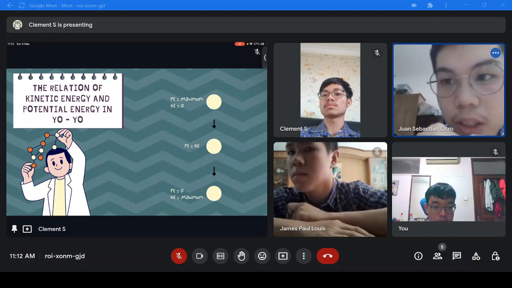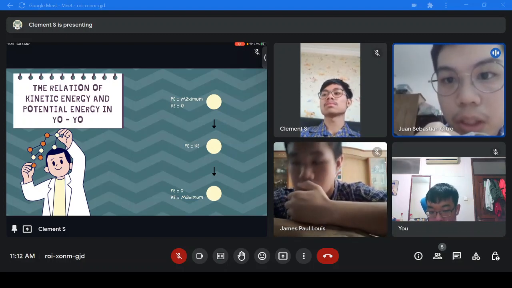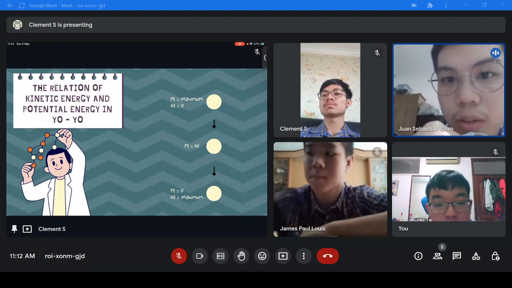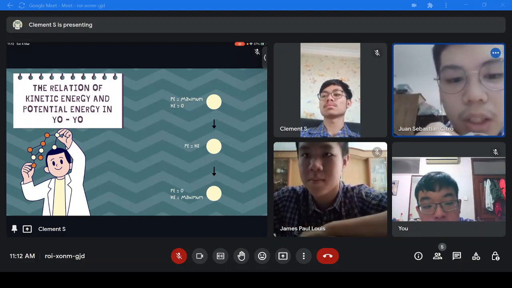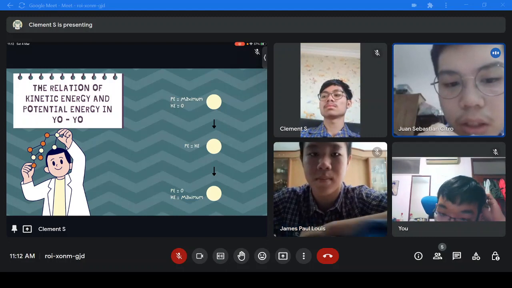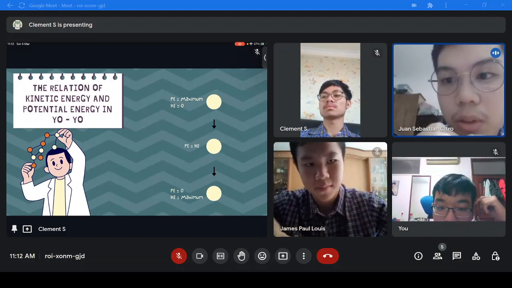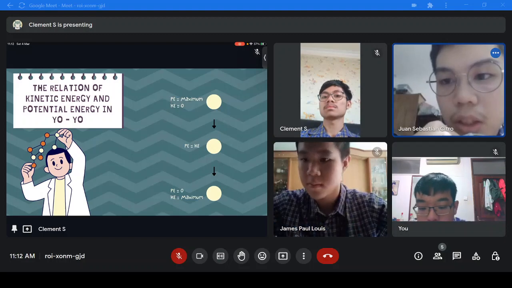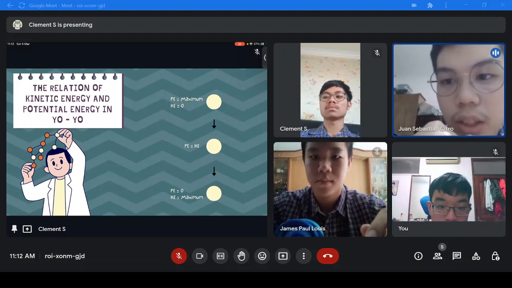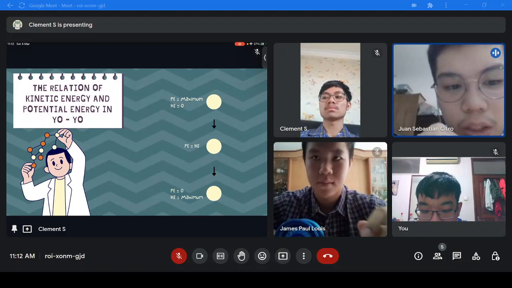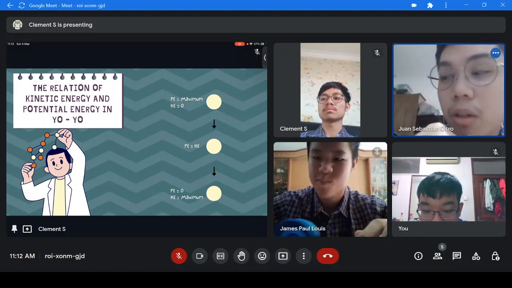The second stage is potential energy equals kinetic energy, and the third stage is potential energy equals 0 and the kinetic energy is at its maximum.